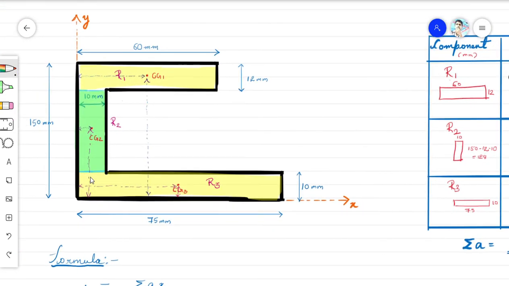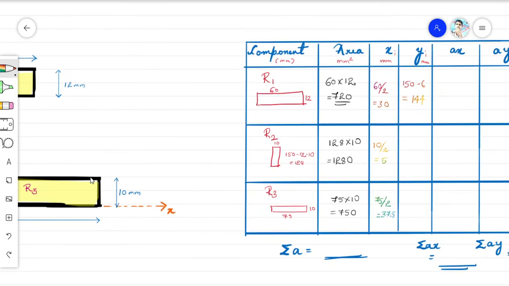For R2, now coming to R2, this is a distance of 5. So it is 128 by 2 plus 10, that is 10 plus 128 by 2, which is equal to 74.